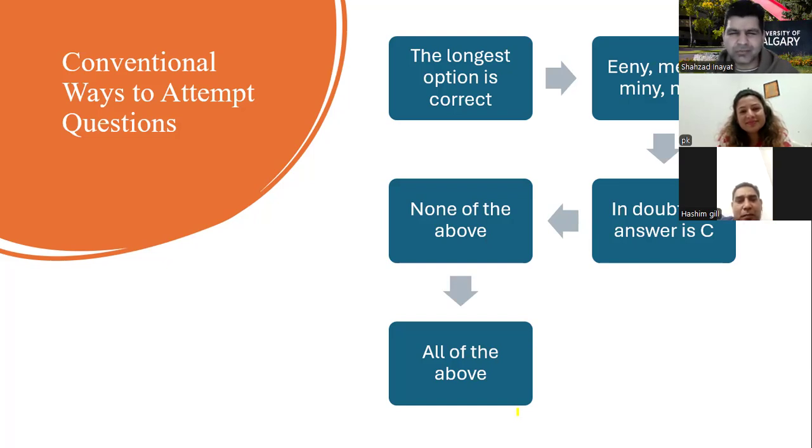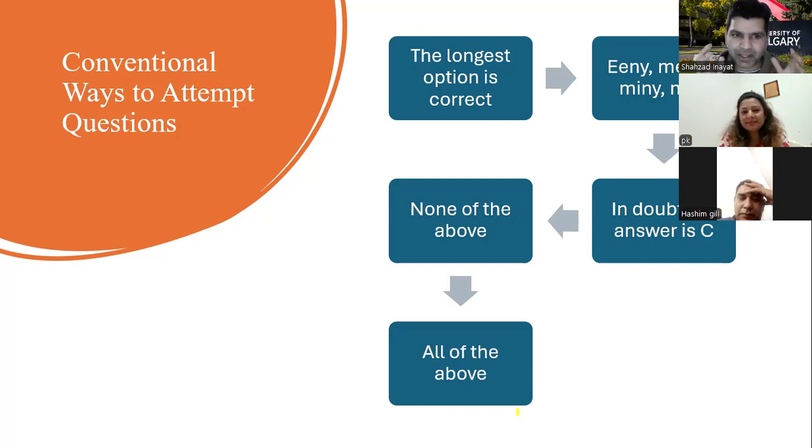Or, I don't know, might be the right answer is all of the above, let's go with this. So don't do that. If you are sure this is the right answer, choose it. If you are not sure, don't use these conventional or traditional kinds of ways to attempt the questions.